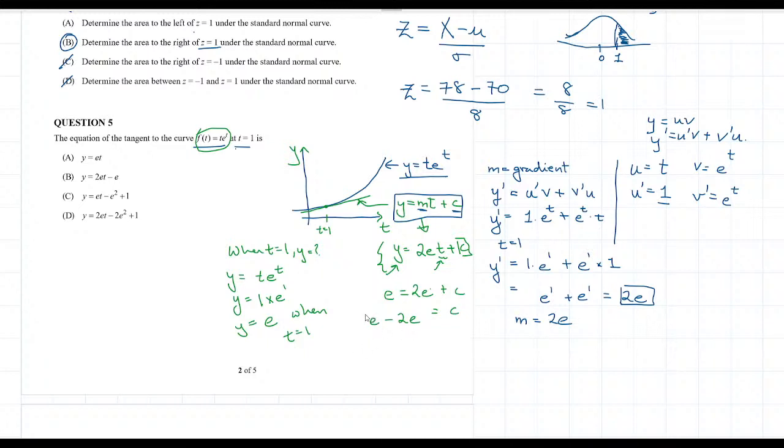Okay, so we have our value of c now. So our equation is going to be y equals, so it's mx plus c, or in this case, mt plus c.